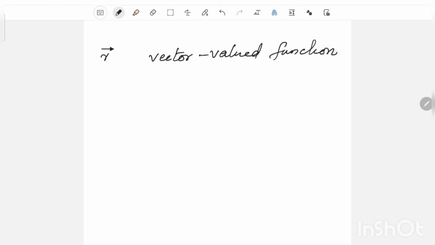This function r is called a vector valued function, or vector function of a real variable t, because its value r of t is a vector and its domain is a subset of the real numbers.